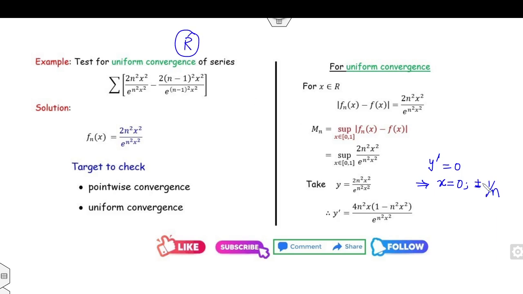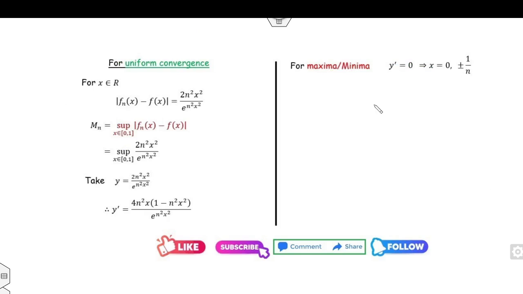It consists of both plus 1 by n and minus 1 by n. So now we will see the sign, because again it's not an easy target. You can find the y double dash. So how can you find the maxima and minima? I will look at the sign of the y dash. Again 0 lies here.